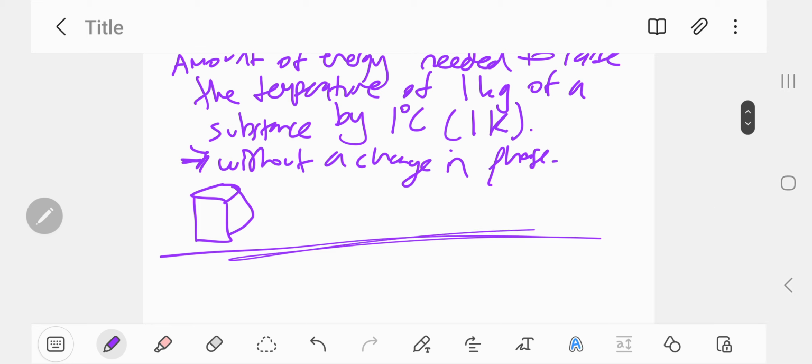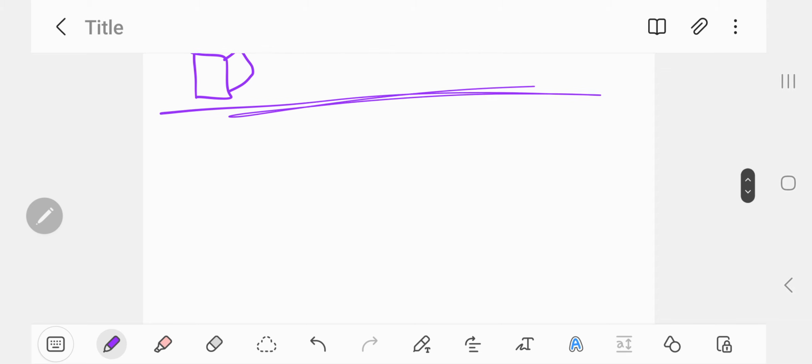So I'm going to derive the mathematical relationship for specific heat capacity as follows. I'm going to start off with temperature.